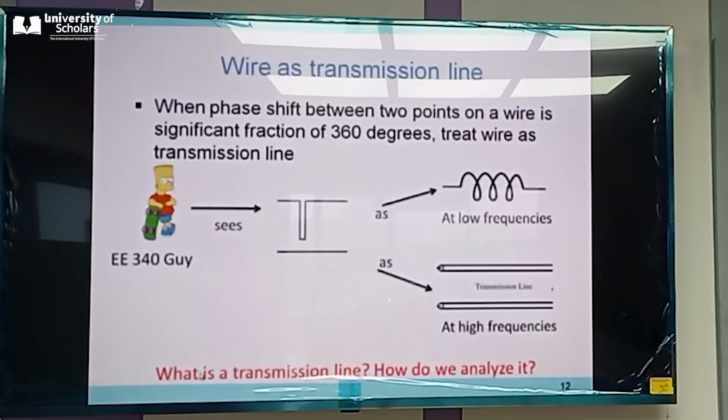So that leads us to the question of what a transmission line is and how we analyze it, as it is directly related to length.